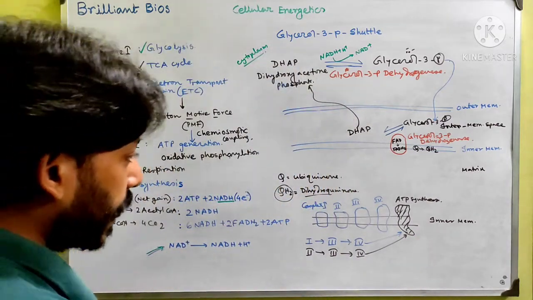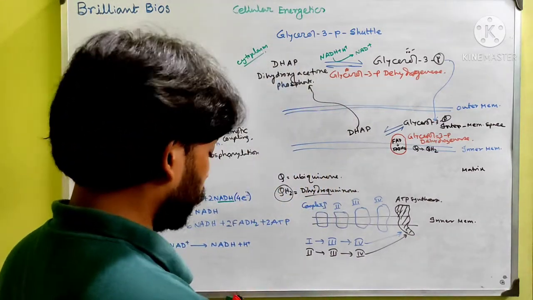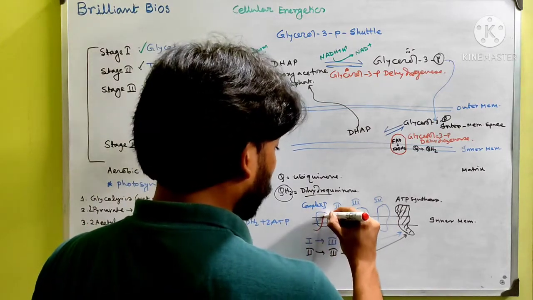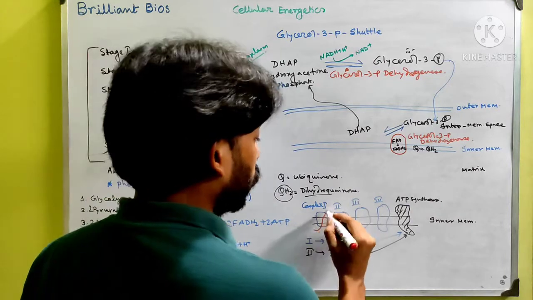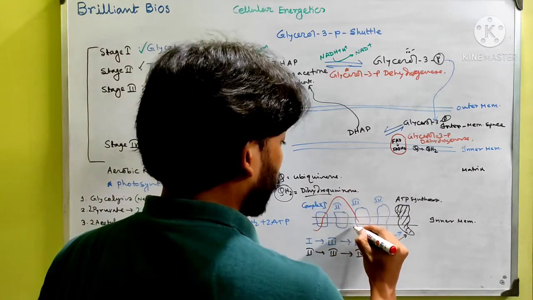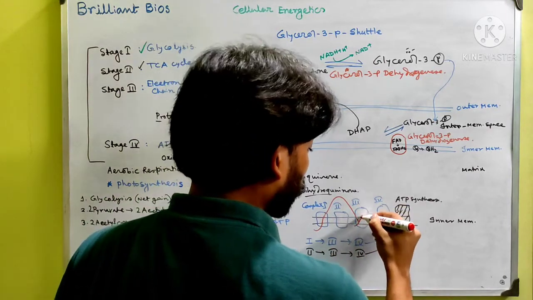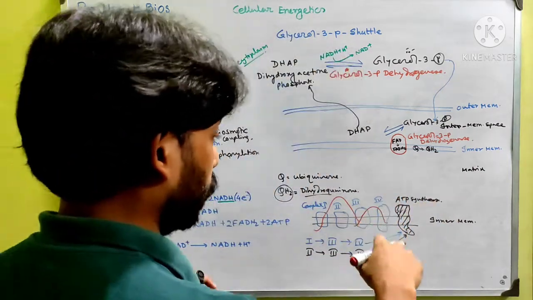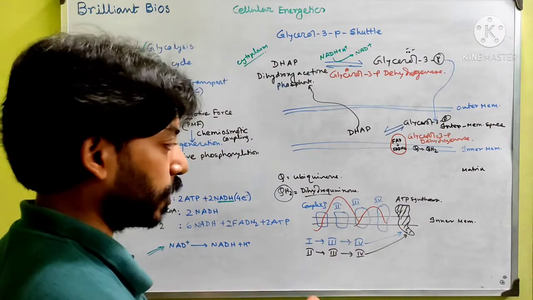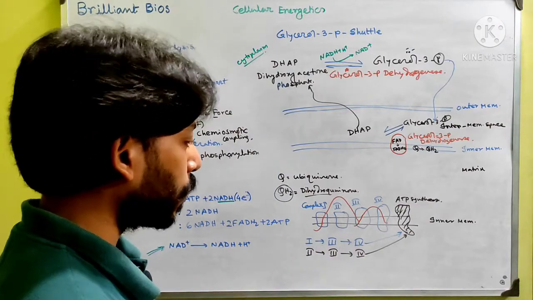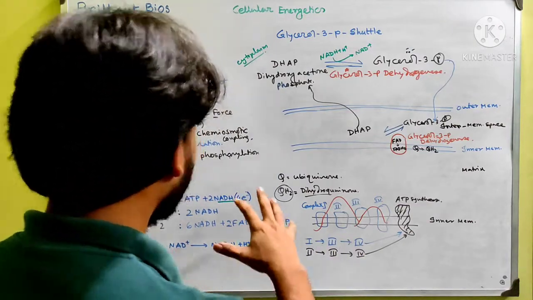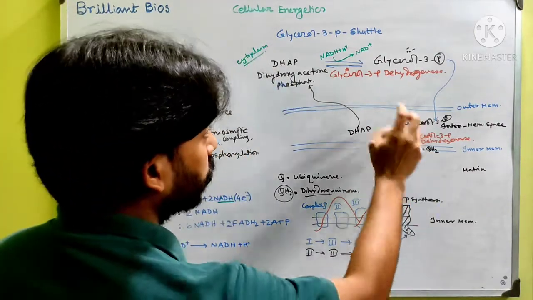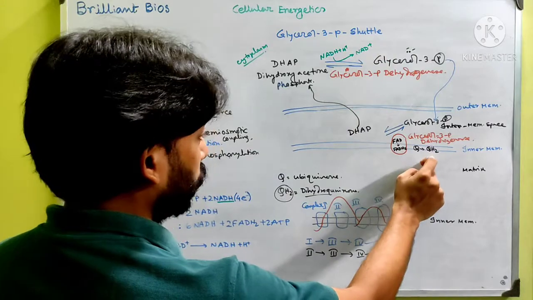So when electrons pass through complex 1, they bypass complex 2 and reach complex 3, then go to complex 4 and ultimately are released to reduce oxygen molecules into water molecules. So I'm not going into details, but I'm just making clear the role of this glycerol-3 phosphate and ubiquinone.